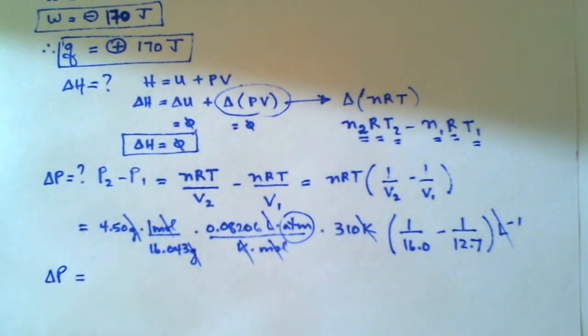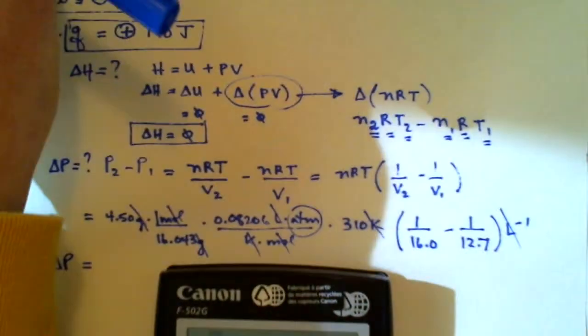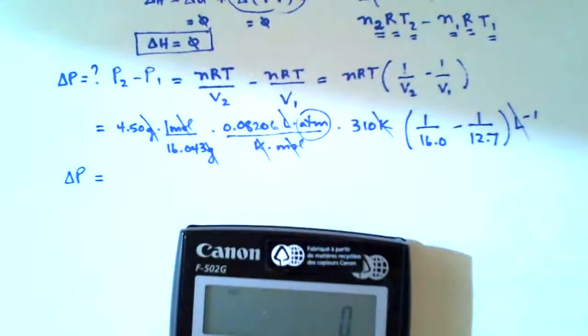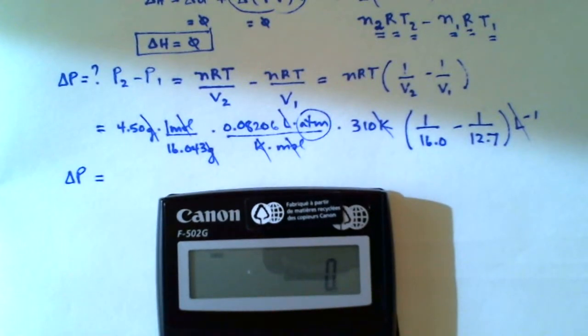Delta P equal to. What do we have? 1 divided by 16, put it that way, minus open bracket 1 divided by 12.7, close bracket, equals.